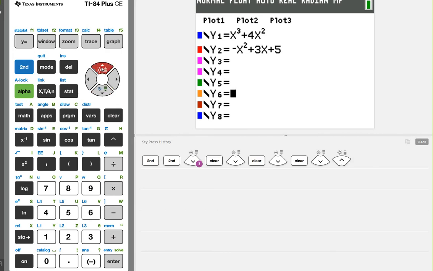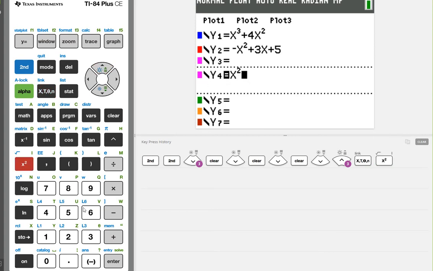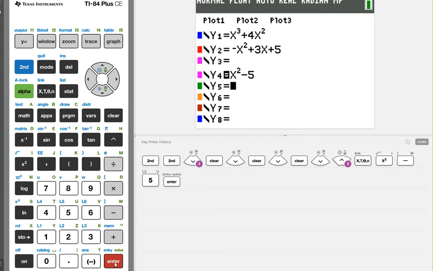I'm being lazy because I'm not clearing out the values up top, but we're going to use those coming up soon enough. So I want x squared minus 5. And where is it that I want to see that graph? Well, just between -3 and 3.